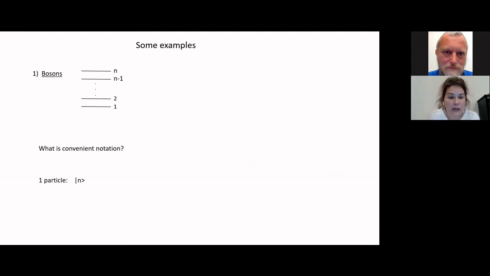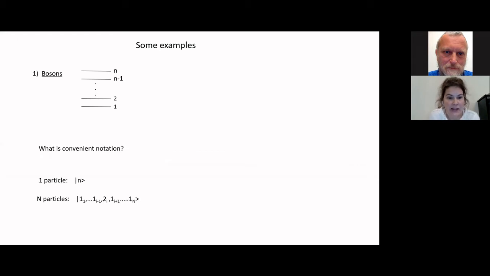So for one particle, you can see it here, it would just be a ket with an n between the brackets. If there are more bosons, you need to specify what the state is of each of the bosons. So say there are capital N particles now, then your ket has to contain more numbers. You have to specify where each boson is sitting.